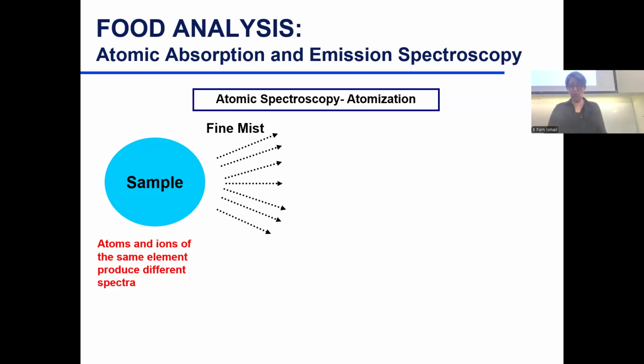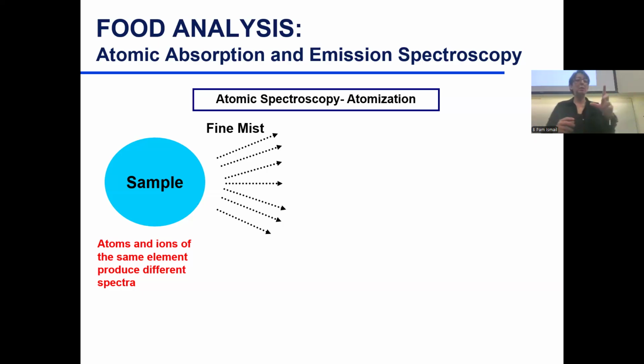Okay, so what Group C did, they got the crucible that was ashed, meaning all of your organic matter has been incinerated, burned off, and then you had ash, which is the inorganic matter with the minerals. And then they dissolved it in acid to bring the elements into solution and diluted it.